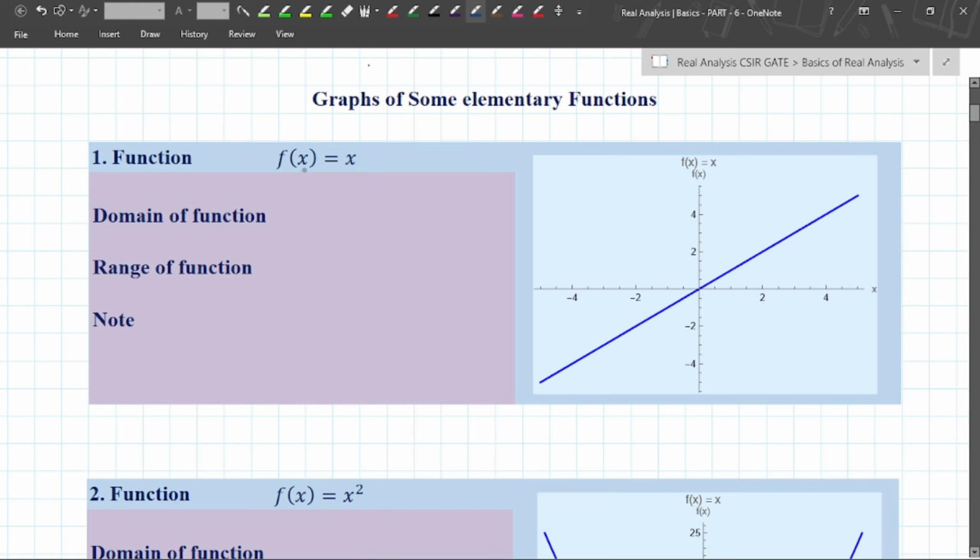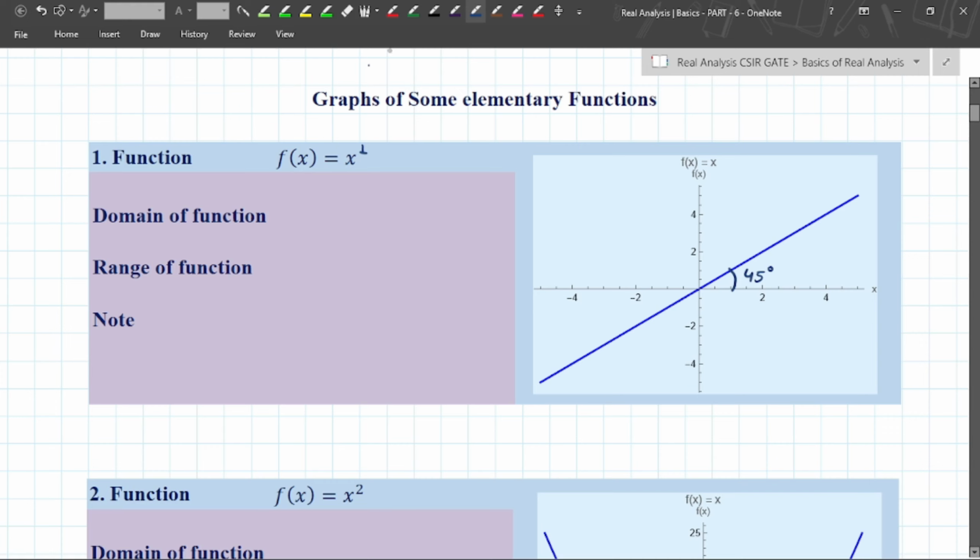For the simple case, f of x is a line passing through the origin, making a 45 degree angle with the x-axis. This is the simplest linear function, linear because the power is 1, and it is passing through the origin.